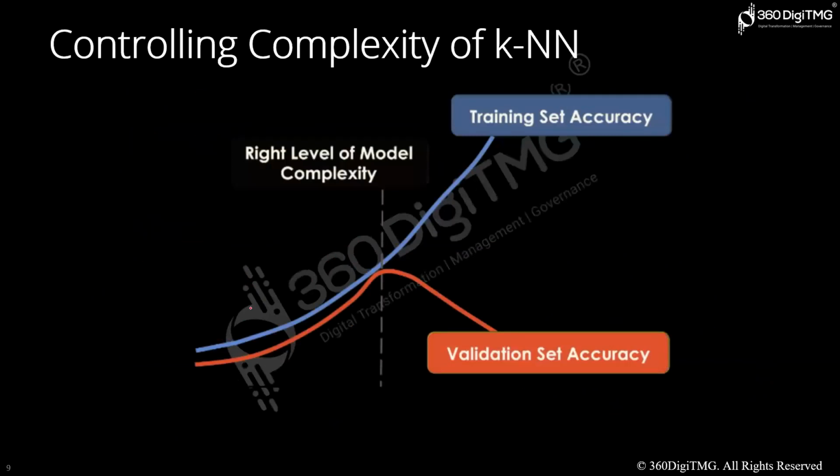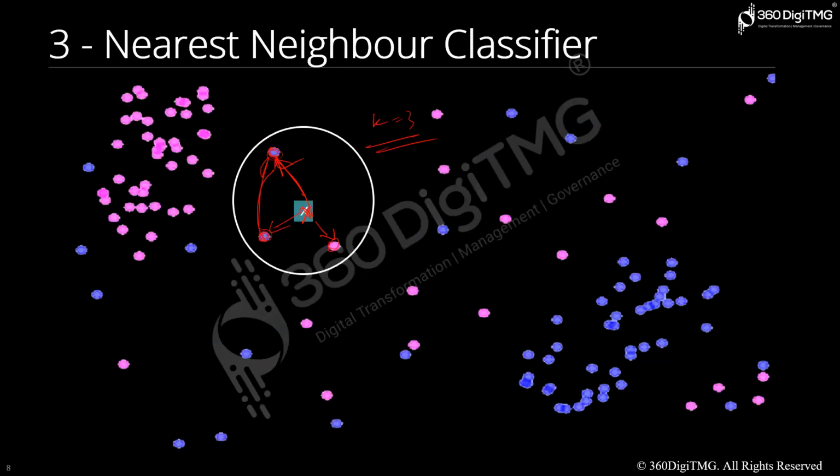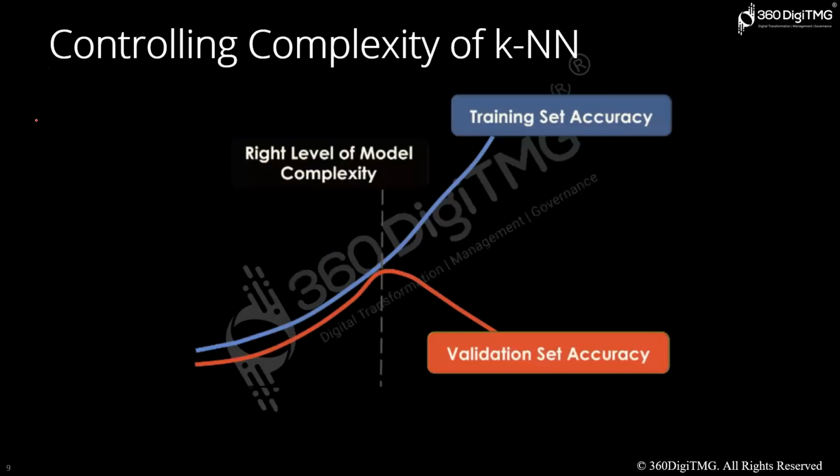Next is one more simple concept. When we are choosing the k value, we have to keep in mind some of the things.